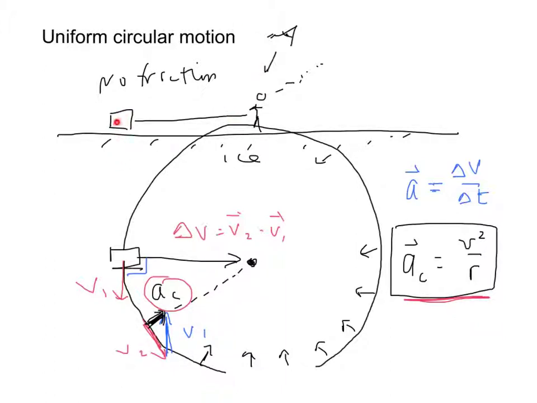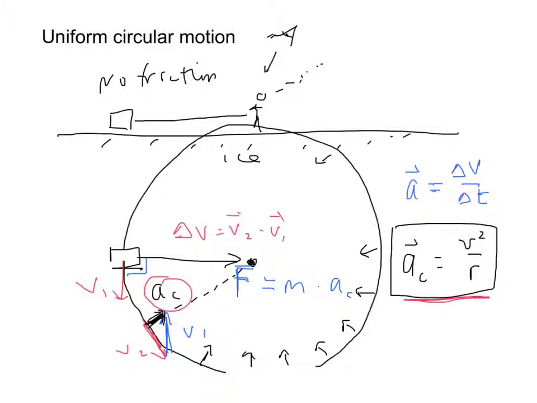Gravity still acts on this block of ice, but it doesn't really enter into the equation because the forces we are concerned about are perpendicular to it. We could compute the force of tension here: the force would just be equal to the mass times the centripetal acceleration. That's the force you would get in that string.